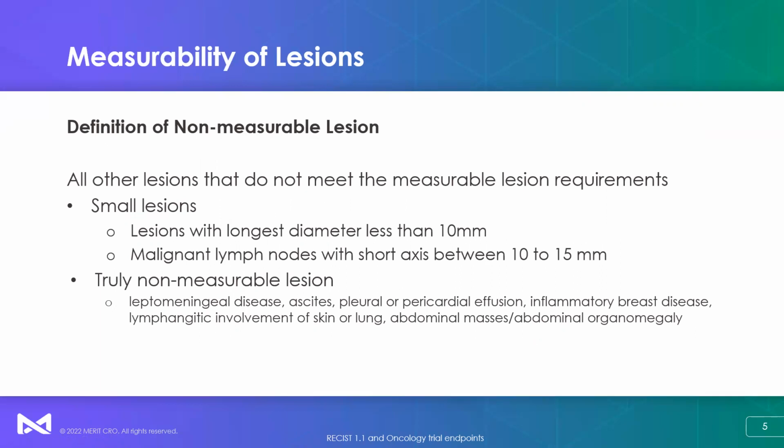And also, any truly non-measurable lesions were defined by the RECIST 1.1 guidance, and those are the lesion presentation types that truly make it difficult for the reader to give an accurate measurement or quantity of the lesions. Those are included in this list here.